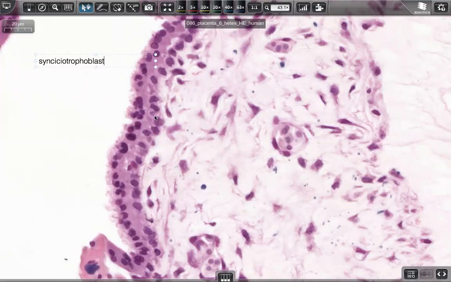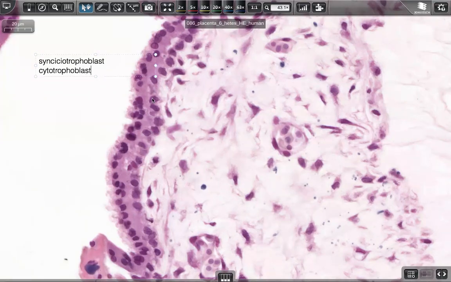And underneath the syncytiotrophoblast, closer to the mesenchymal core, we can find the cytotrophoblast. So the syncytiotrophoblast is the outermost, and the cytotrophoblast layer forms the inner one.